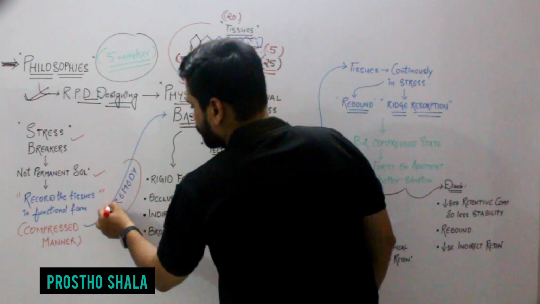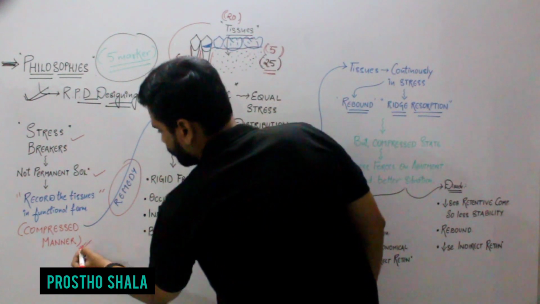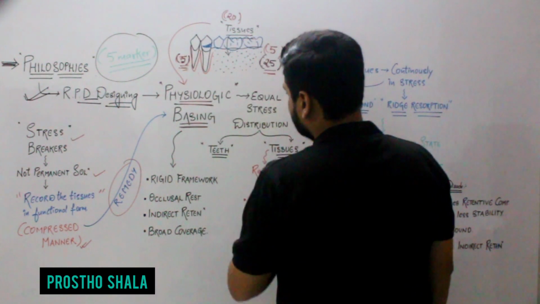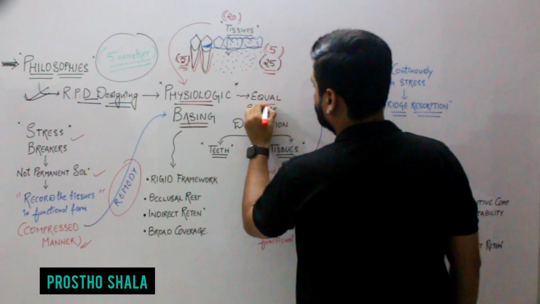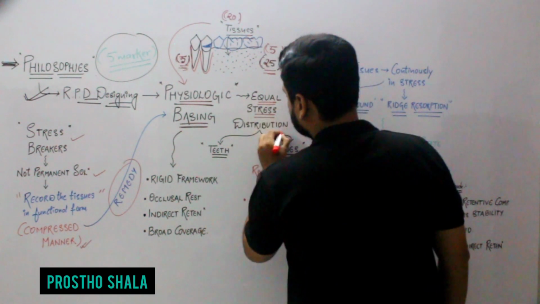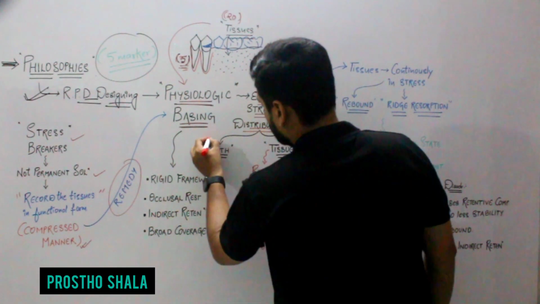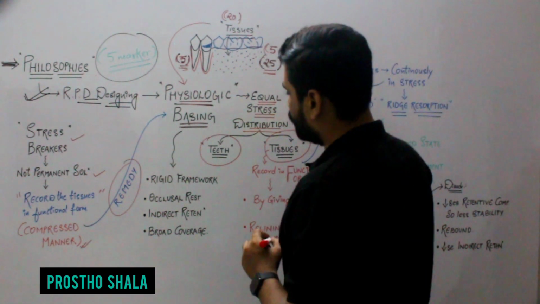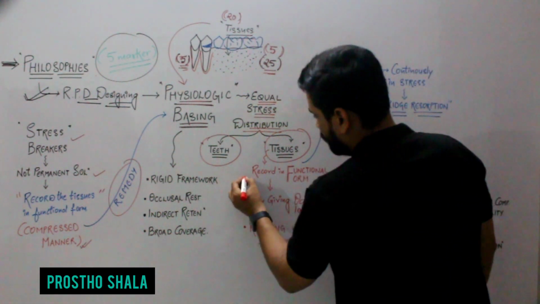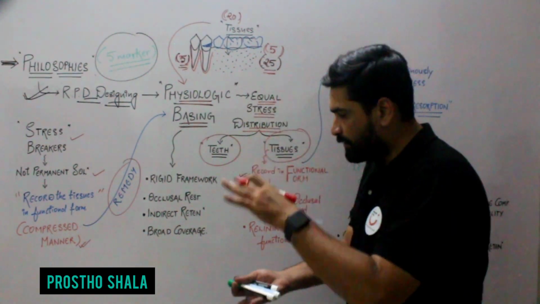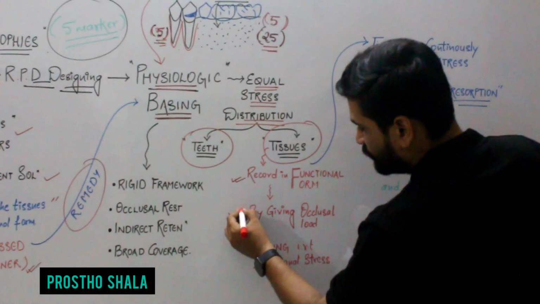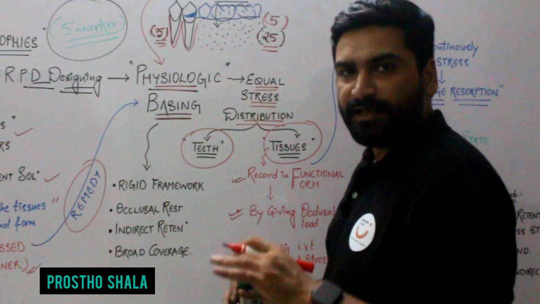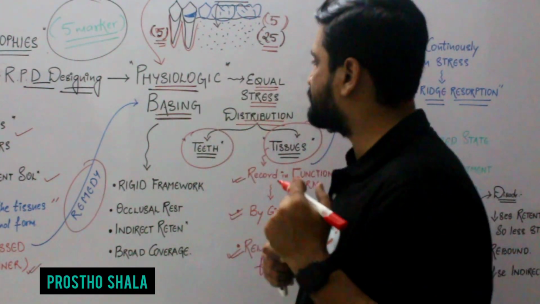So the remedy was to record the tissues in the compressed manner. That is how the physiologic basing theory was introduced. The main concept was to again provide equal stress distribution to the teeth component and the tissue component of the removable partial denture. Tissues are recorded in the functional form, or compressed form, by giving an occlusal load, or once you have made the RPD, you reline the tissues using the functional stress, that is the occlusal stress.